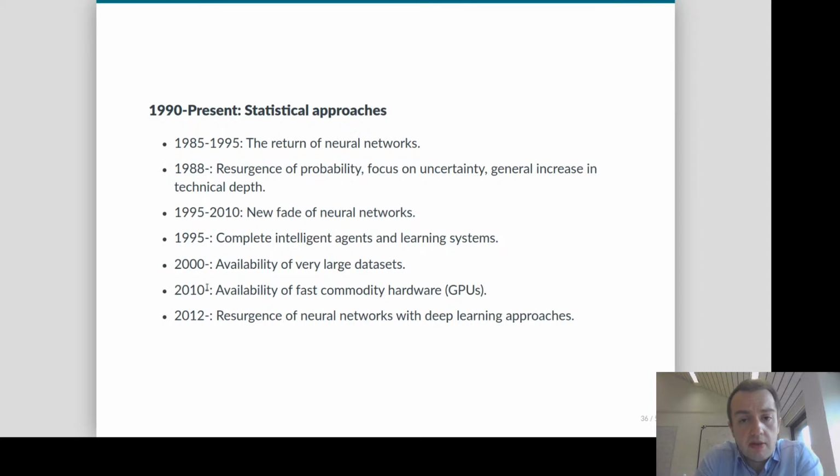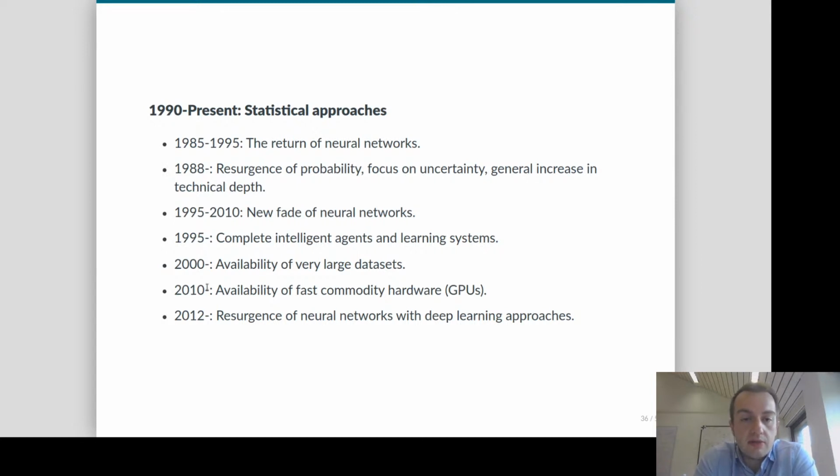What is important is that it's at this time that the field started to gain in technical depth. It's really at this time that people started considering probability theory as a tool to build better agents, to focus on uncertainty and other things.